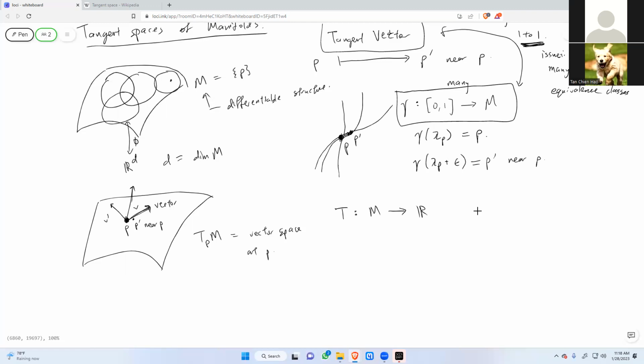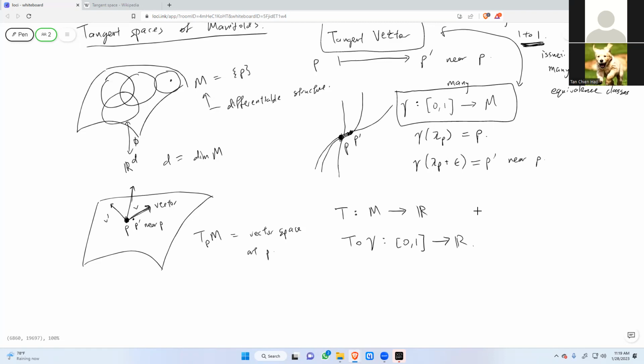What this allows us to do is define T composed with gamma, and that is a map from 0, 1 to R.